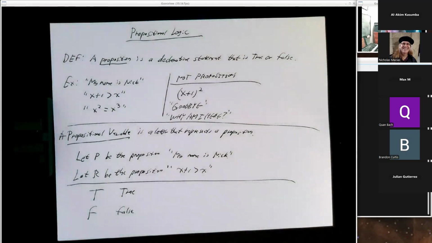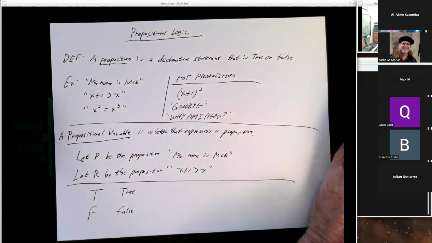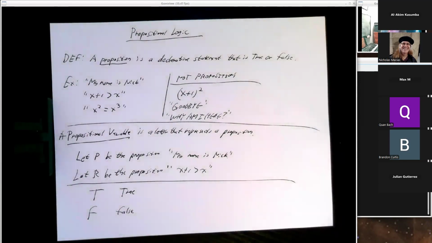So question, how old is this study of propositional logic? Where do you think it started? Any ideas, guesses?